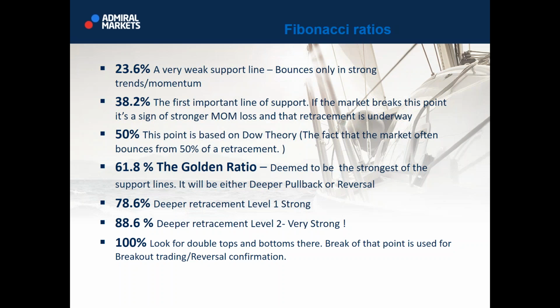I personally have noticed that much stronger is 78.6 or 88.6, especially if we have a deeper retracement. I'm not saying that 61.8 is not good enough. It's good. It's a golden ratio. But very often you will find that 88.6 is actually even better than 61.8. And you know that we use both 78.6 and 88.6 for high momentum trading. You know that already. So definitely 78.6 and 88.6 are favorite Fibonacci numbers.